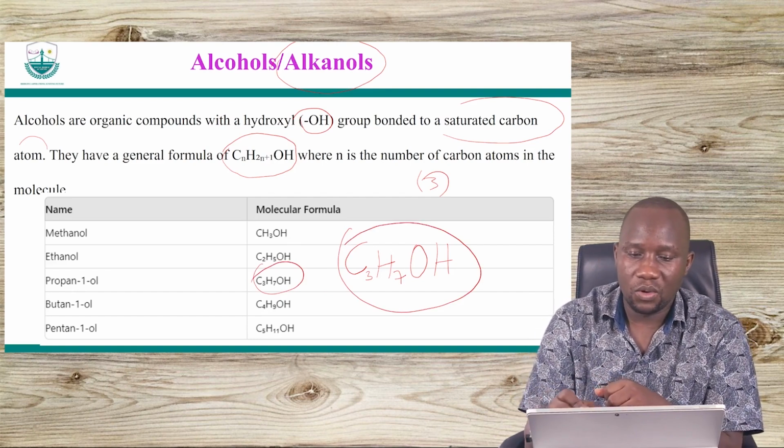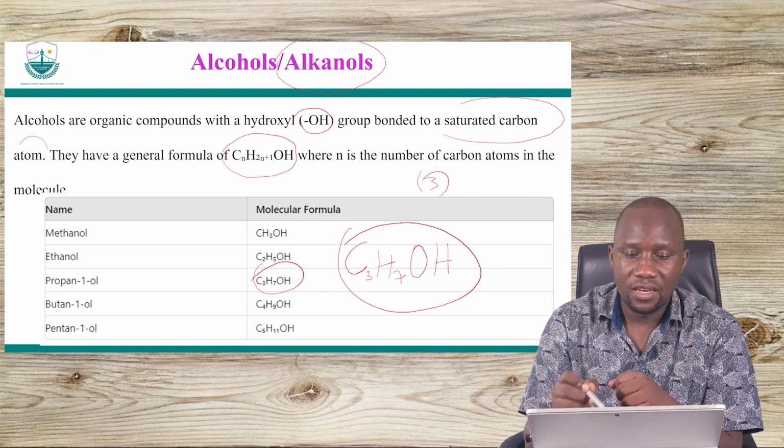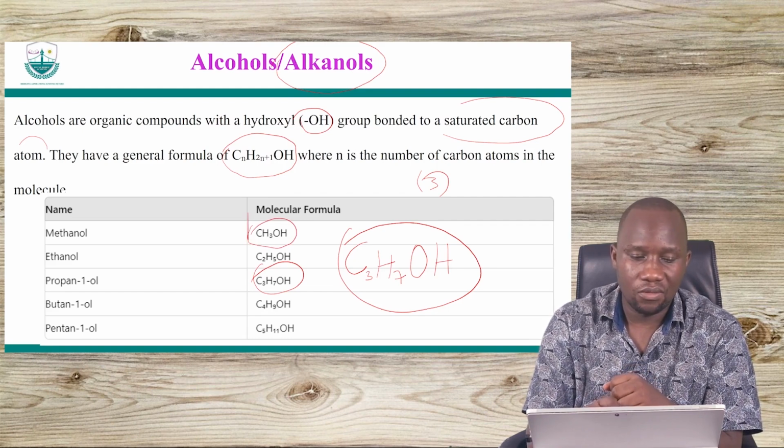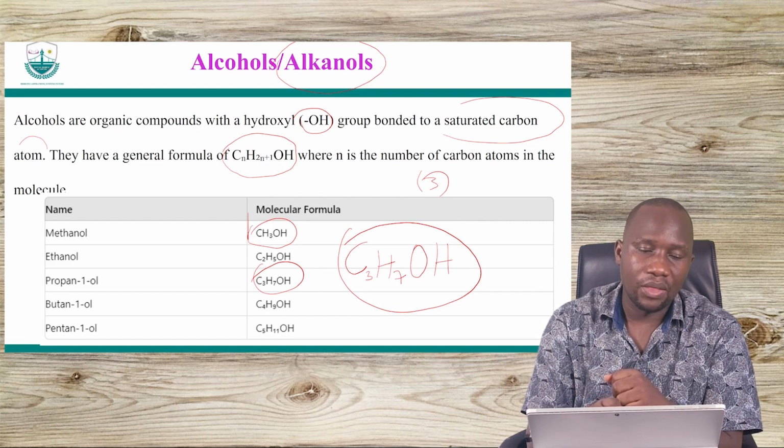When n is equal to 1, this is what you get, methanol. If n is equal to 2, it will be ethanol. If n is equal to 3, propanol. If n is equal to 4, butanol. And pentanol if we have n equal to 5.